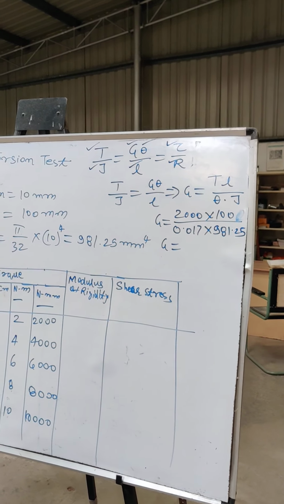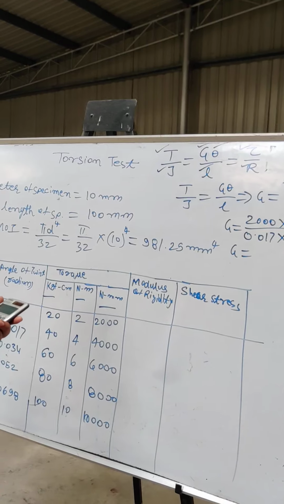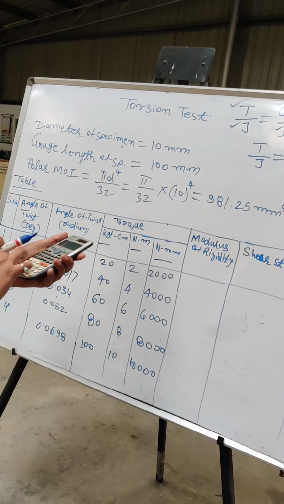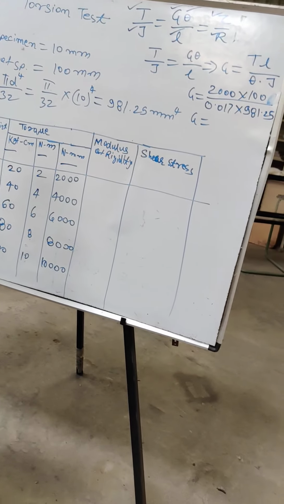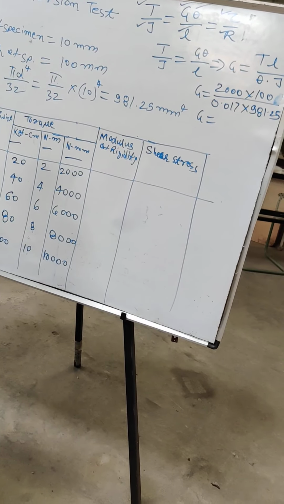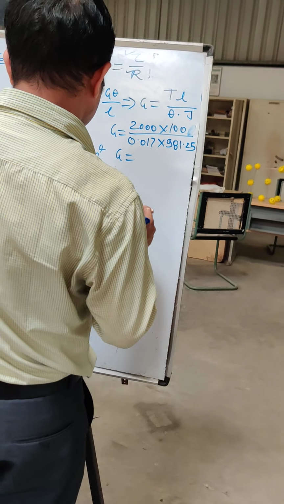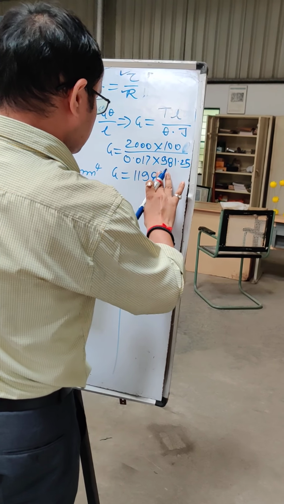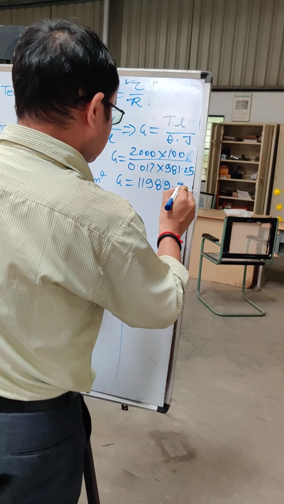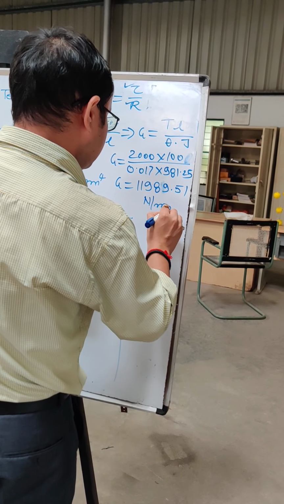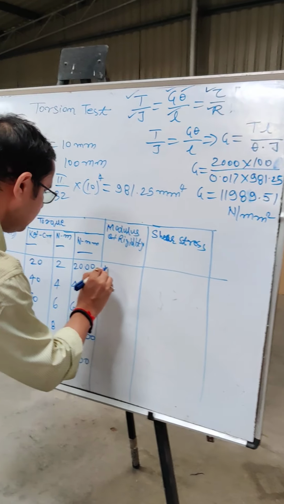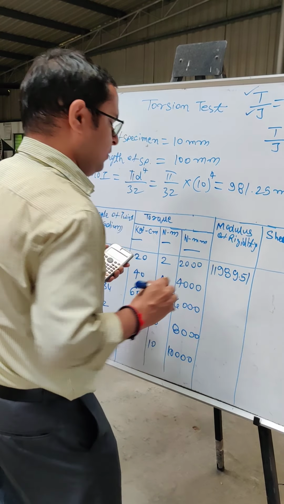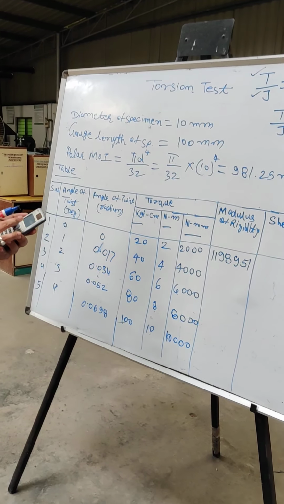You have to calculate. G is 11,989.51 Newton per mm square.